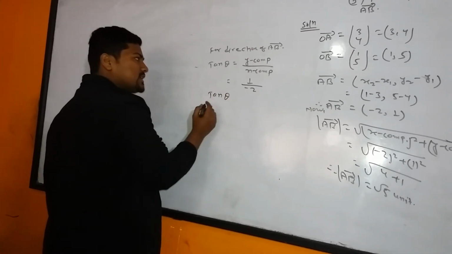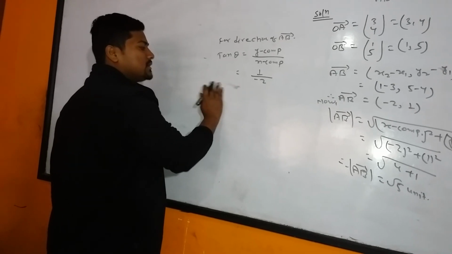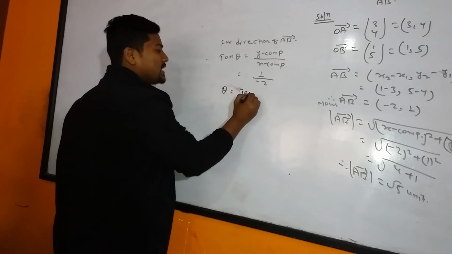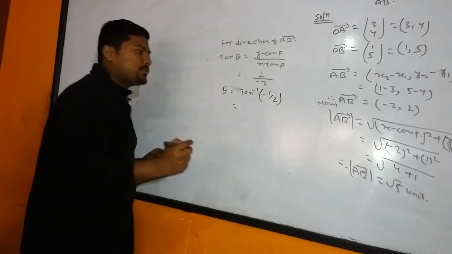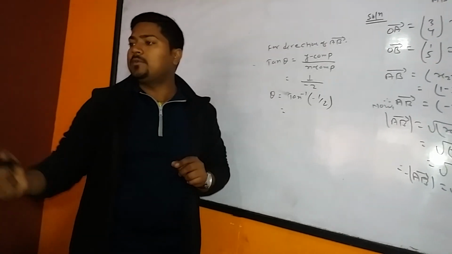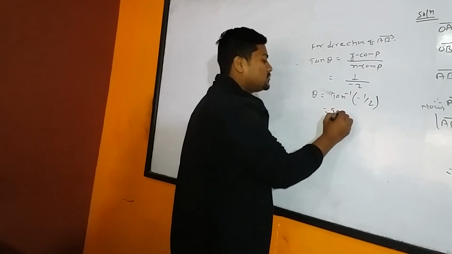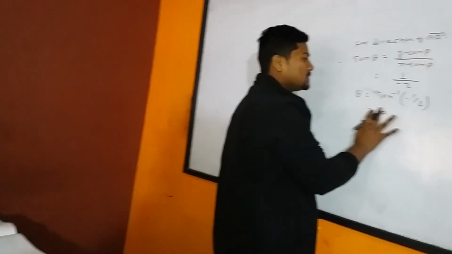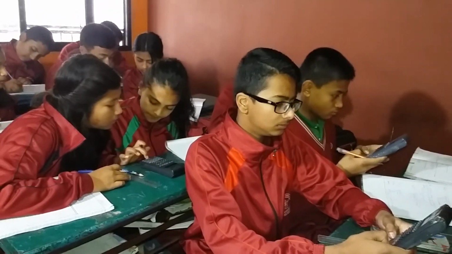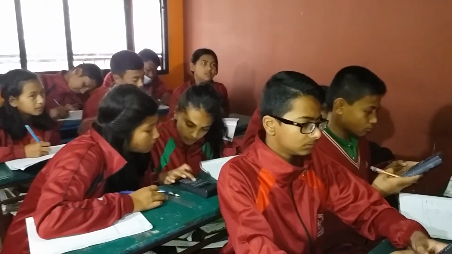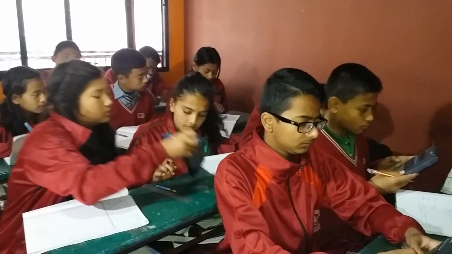Tan theta is not a standard value, so what we can do? Theta is equal to tan inverse of minus 1 by 2. First of all tan inverse 1 by 2, what value will come? Shift tan inverse 1 by 2, or 0.5 also you can put easily.